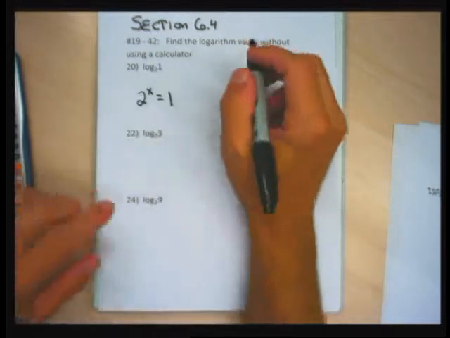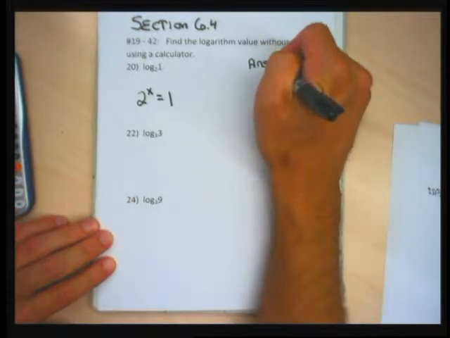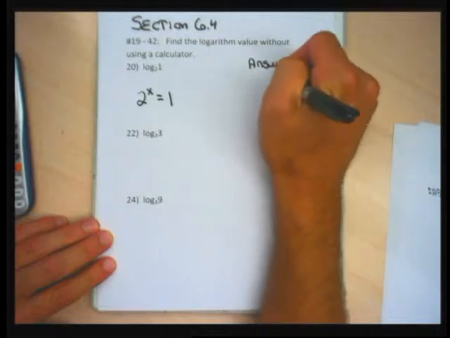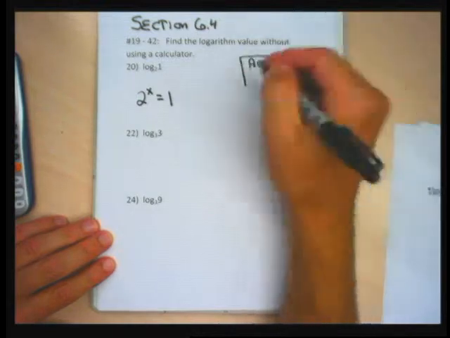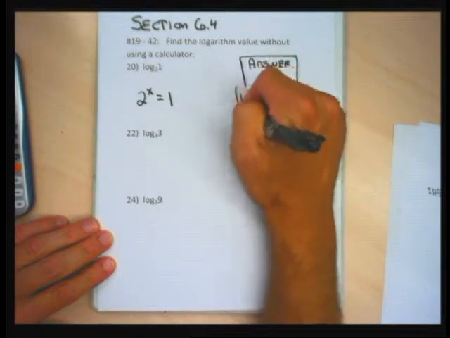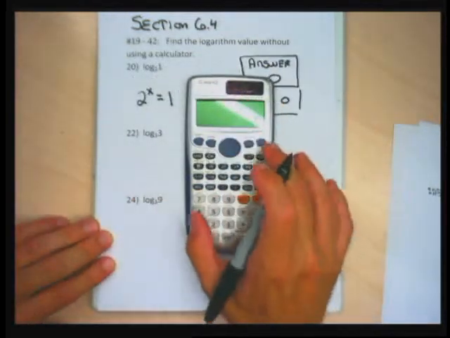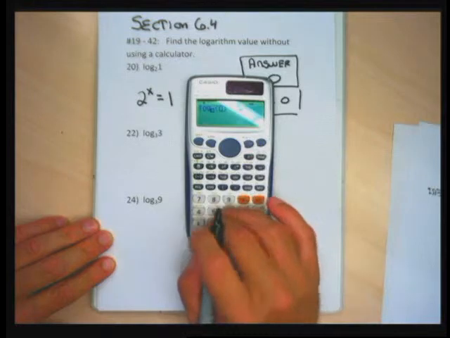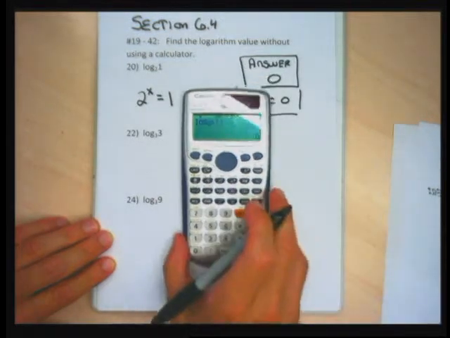Well, I know the answer to that question is 0, because 2 to the 0 power is 1. I'm not going to write x equal to 0, because there's really no x in the original problem. Just the log base 2 of 1. I could write that if I wanted to. The log base 2 of 1 equals 0. That would be probably the nicest answer, but 0 is sufficient. On my calculator, if I didn't know that, I type 2 for the base, 1 for the argument, and my calculator would tell me it's 0.